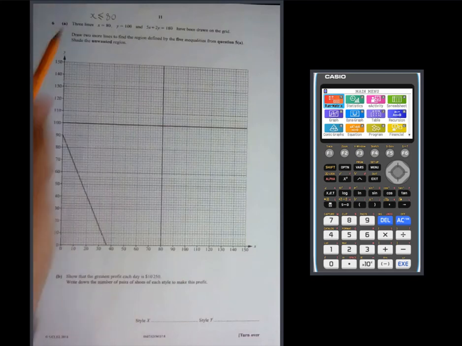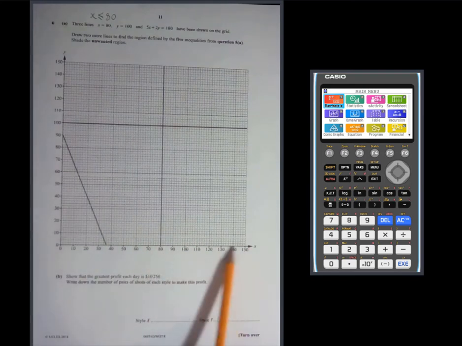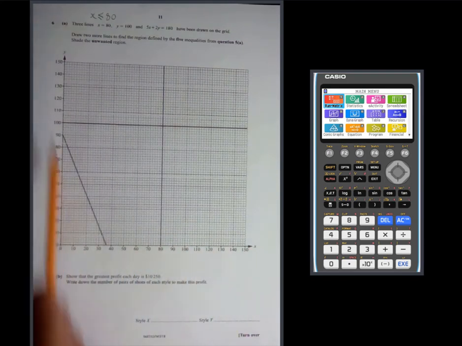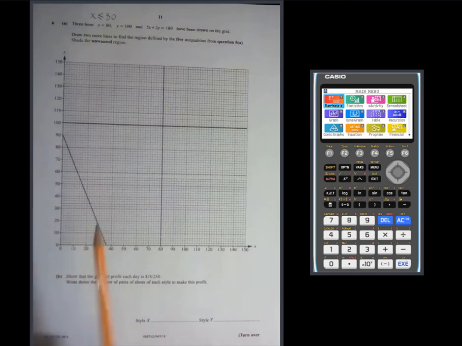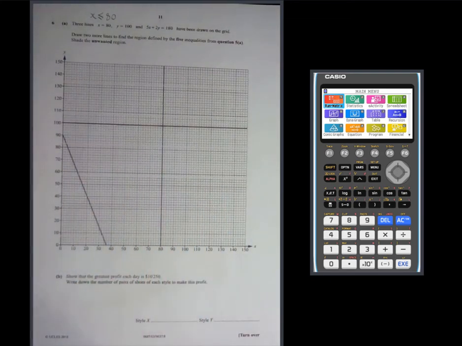It was greater than or equal to 0, but there's nothing outside of the first quadrant. Everything's positive, so we could potentially draw an x equals 0, but it's not going to make any difference. I think I'm just going to leave it.